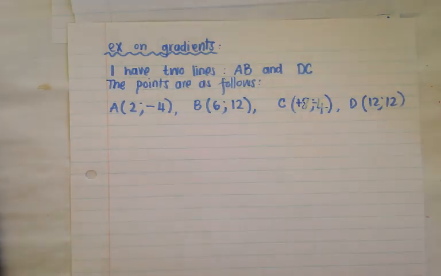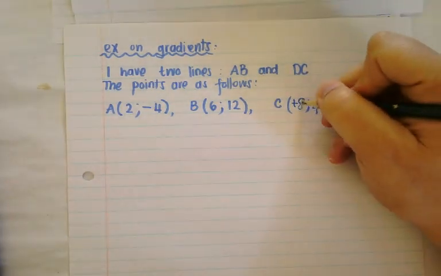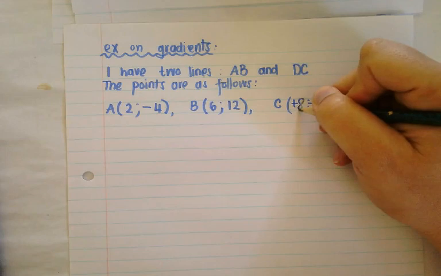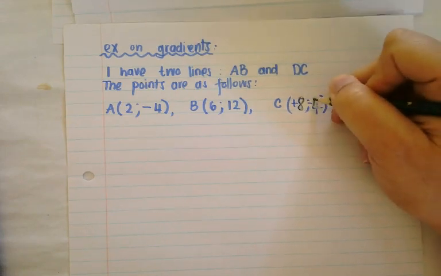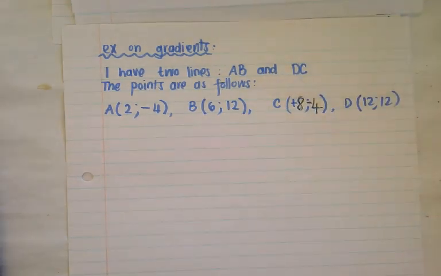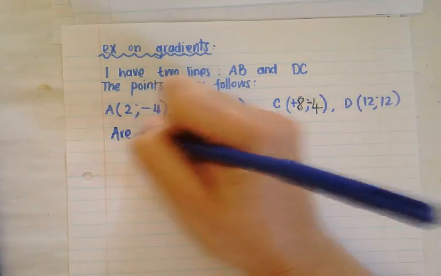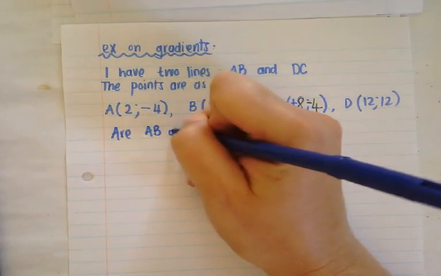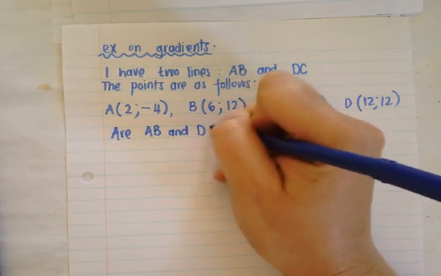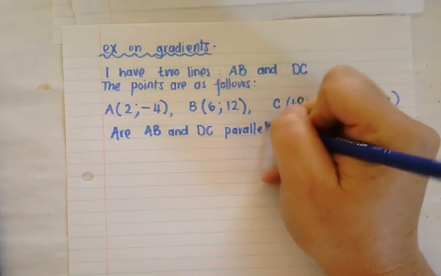C is positive 8 and negative 4. And D is 12 and 12. Are AB and DC parallel?